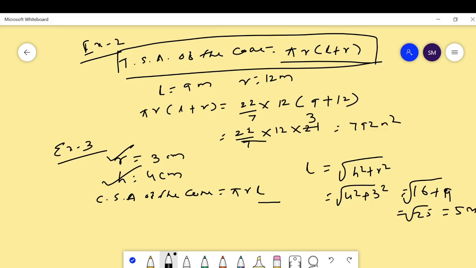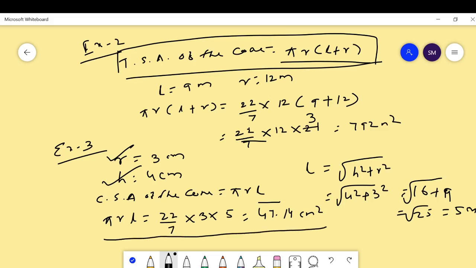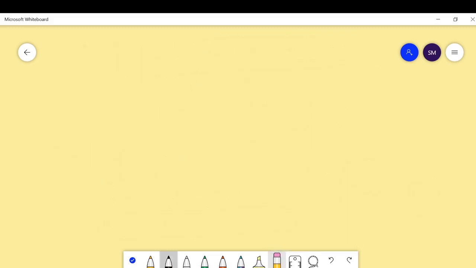Then the curved surface area pi r l is equal to 22 upon 7 into 3 into 5. Then by solving this, we get 47.14 centimeter square. The curved surface area of the given cone is 47.14 centimeter square. Okay. Then next questions.